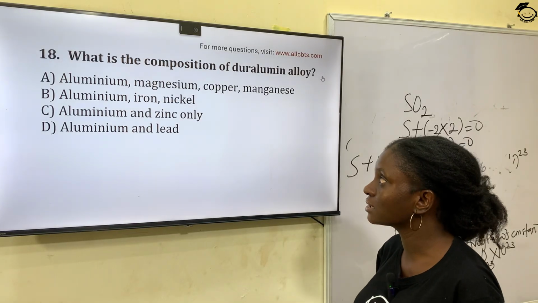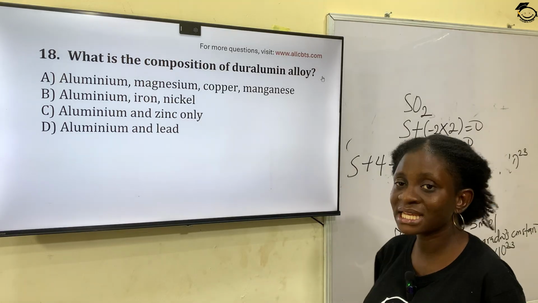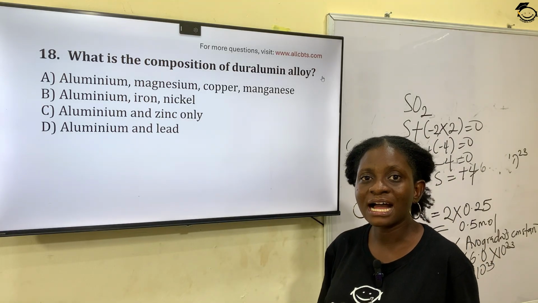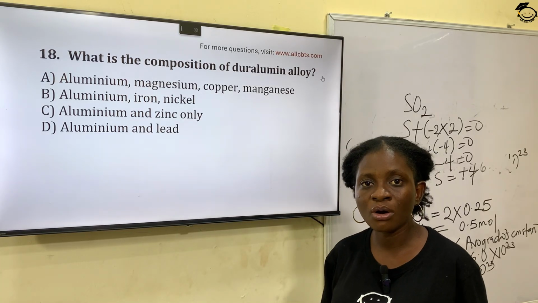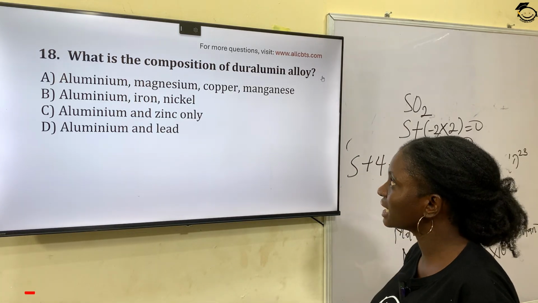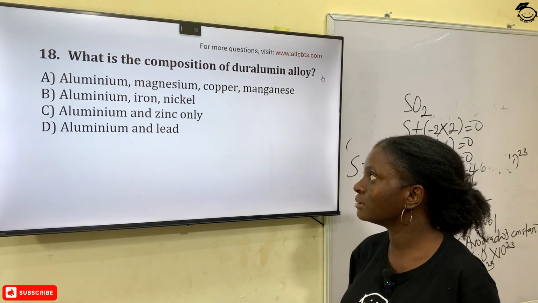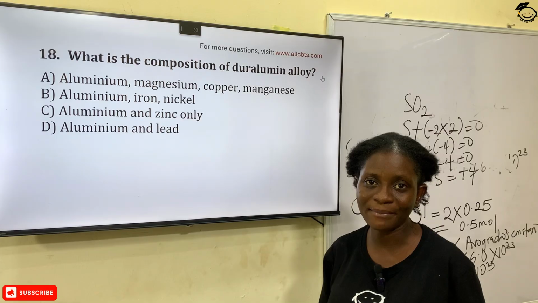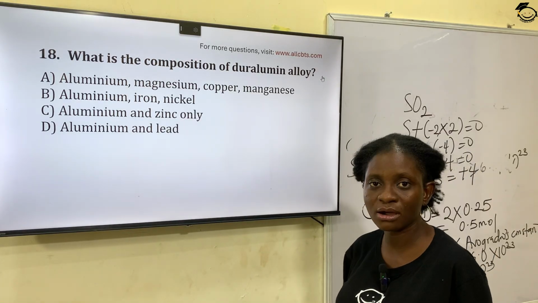Question 18. What is the composition of duralumin alloy? When you say alloy, it means a combination of two or more metals together. Option A, aluminium, magnesium, copper, and manganese. B, aluminium, iron, nickel.